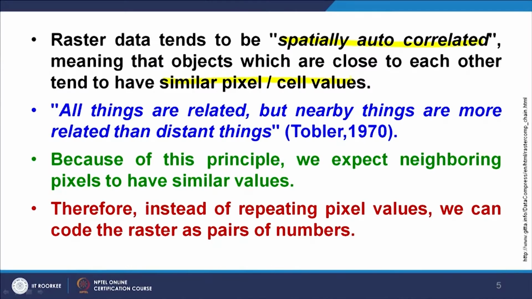Therefore we can compress these images, or digital elevation models with little or no variation in elevation values, quite significantly. So repeating pixel values are replaced by a code and a pair of numbers.